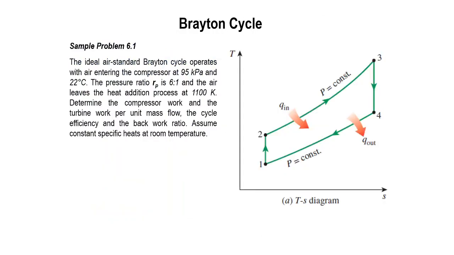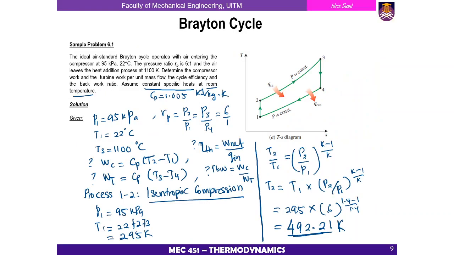Sample problem 6.1. The ideal air-standard Brayton cycle operates with air entering the compressor at 95 kilopascal, 22 degrees Celsius.